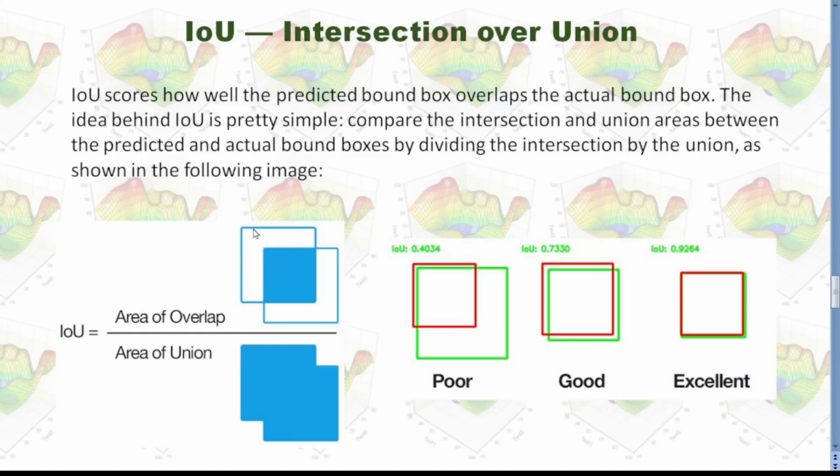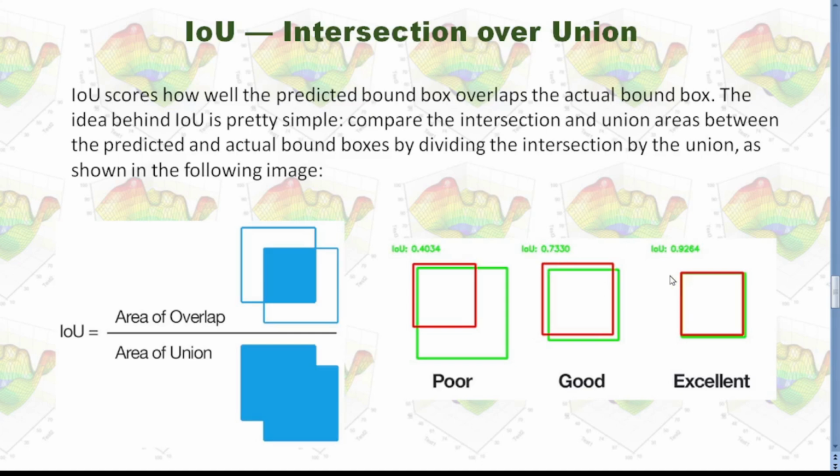So, for example, this area is what we predicted, and this area is the actual area. We will calculate the overlap area and divide it by the union area. If they are close, that's very good, and we will have an IOU like 0.7.